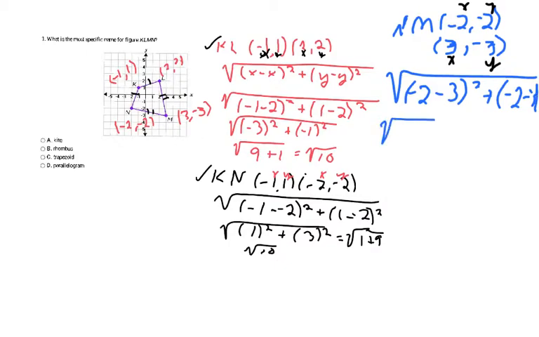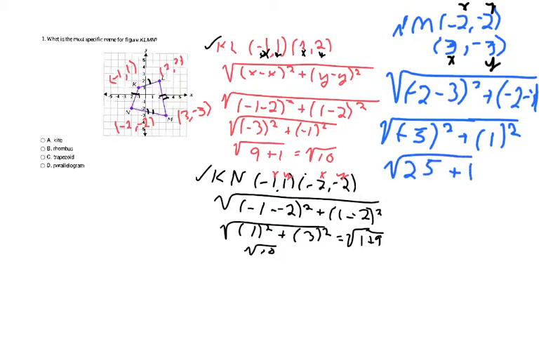When I do that subtraction, that's going to be -5 squared plus 1 squared. Negative 5 squared is 25, and 1 squared is 1. So 25 plus 1 is 26. The length of NM is the square root of 26.